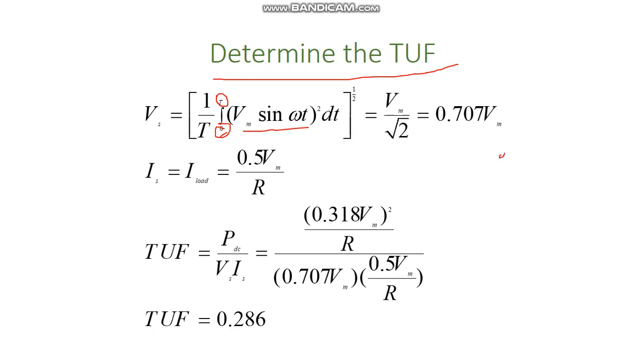That one was operating for 0 to pi, and in this case the transformer output voltage will be available throughout the cycle.